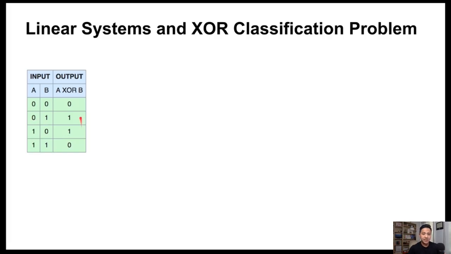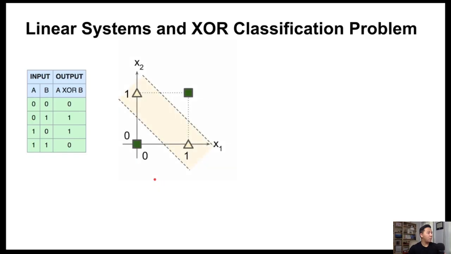So if you plot this in a Cartesian coordinate, you can see that when both inputs are the same, these are 0, the squares, and if it's 1, these are the triangles. The problem is that if you use a linear combination for the output, when you move from 0 to 1 here, where feature 1 is 0, you have nothing to do except increase the weight of the second input, W2, from here to here.